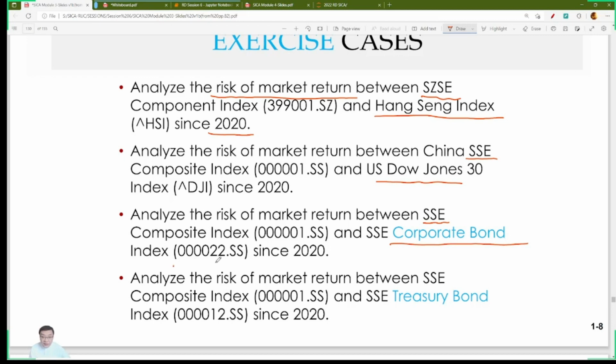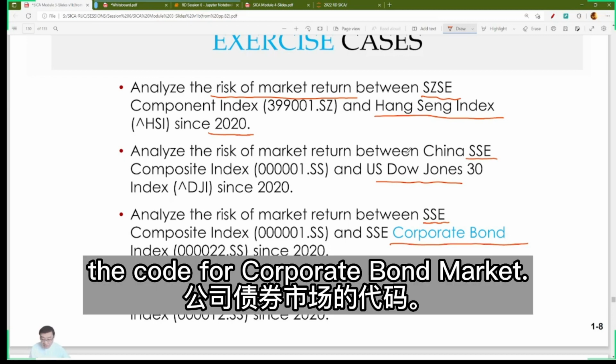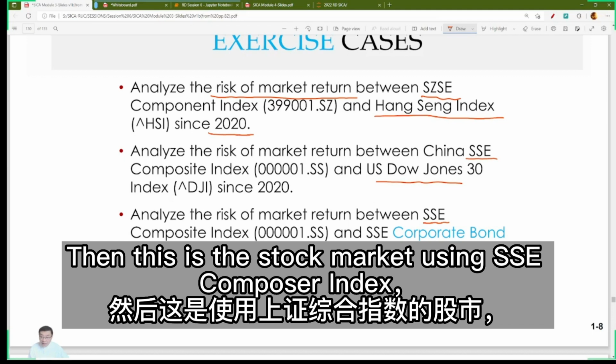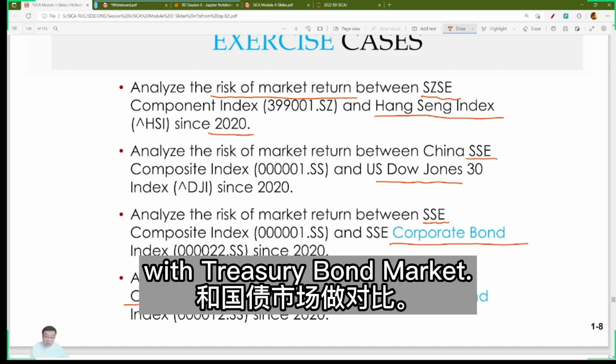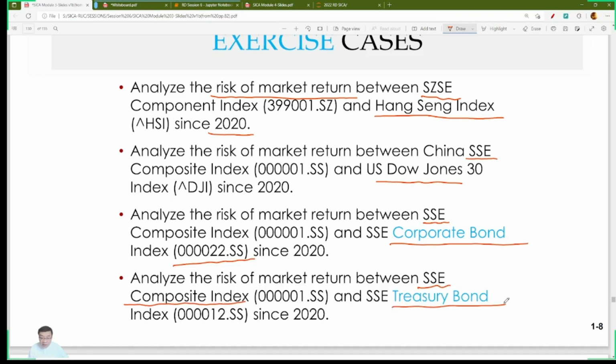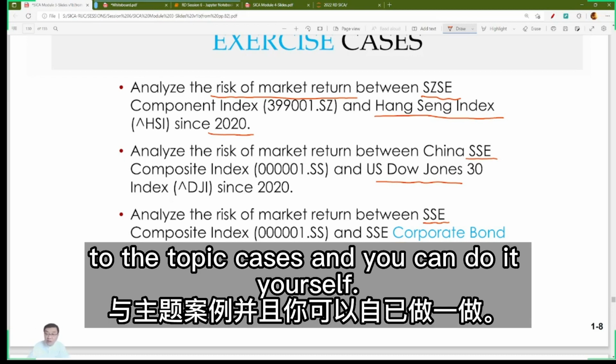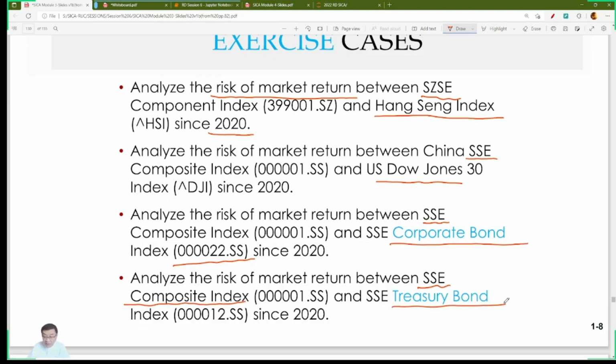This is the code for corporate bond market. Then this is the stock market using SSE Composite Index with treasury bond markets. That's pretty much similar to the topic cases, and you can do it yourself.